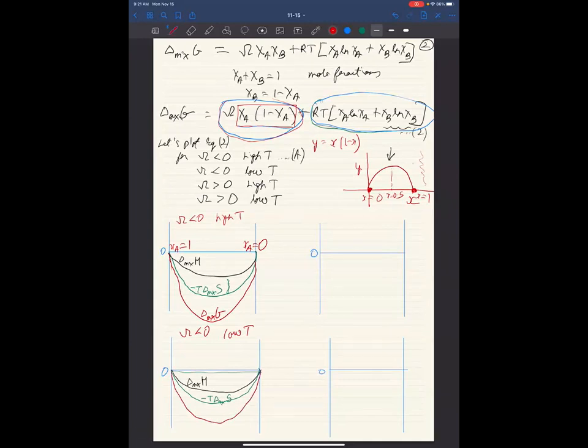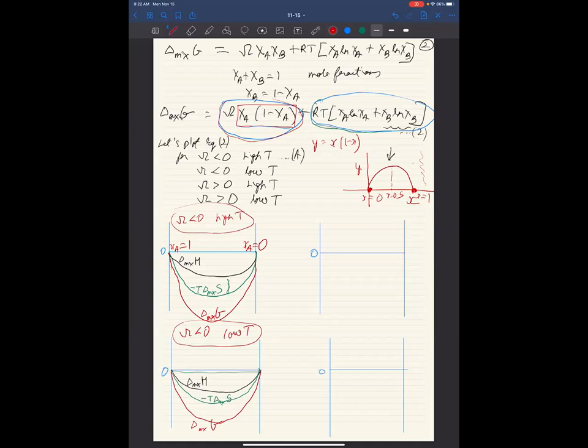And in fact, if the temperature was 0 and that delta S mixing curve became flat, it would still be negative, right? So the big picture here is that if the regular solution parameter is negative, then at low temperature or at high temperature, they will mix the same way. If A and B do not like each other, you will always get mixing.